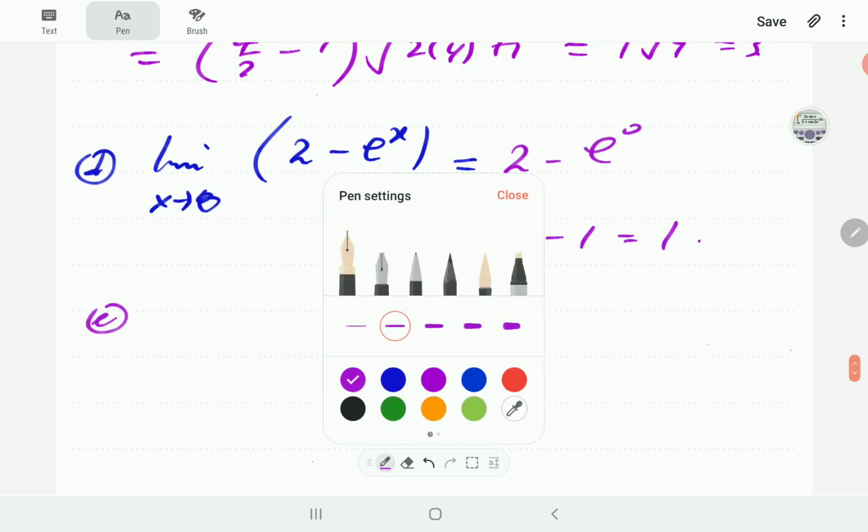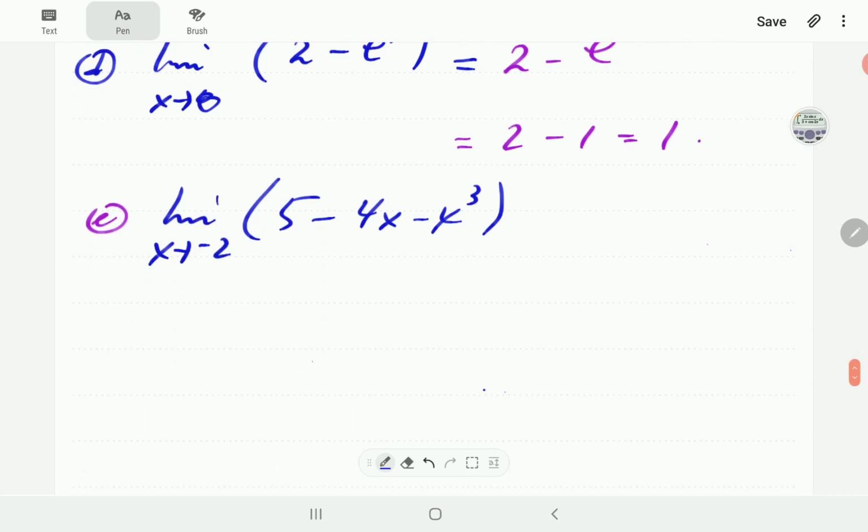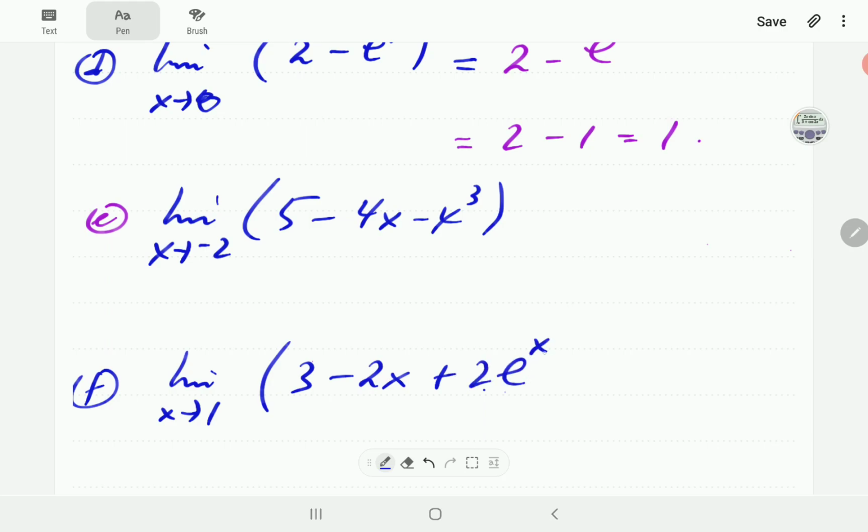Okay, so let's give you 2 examples to try out yourself. Suppose we're looking for the limit of 5 minus 4x minus x cubed as x goes to negative 2, that's E. Then F, suppose we're looking for the limit as x goes to 1 of 3 minus 2x plus 2e to the power x minus 1.